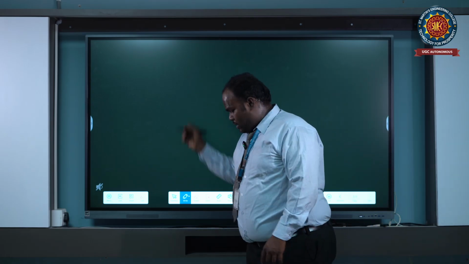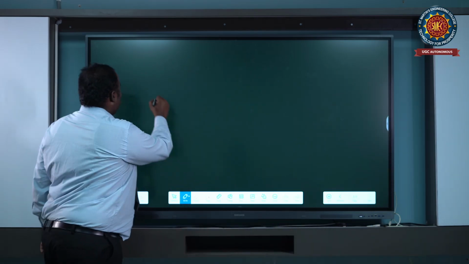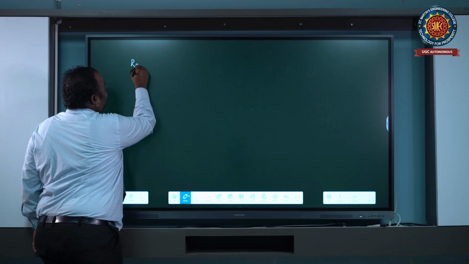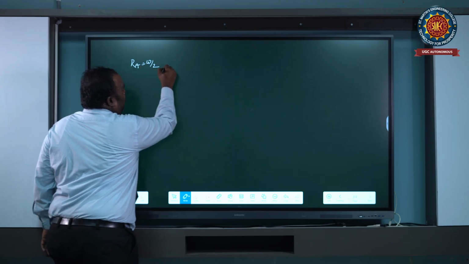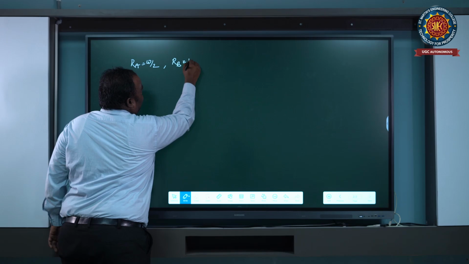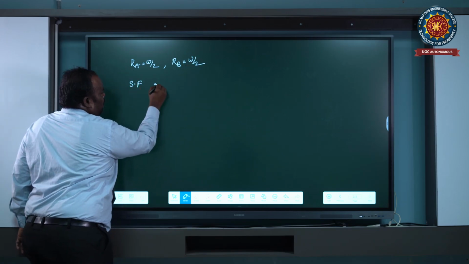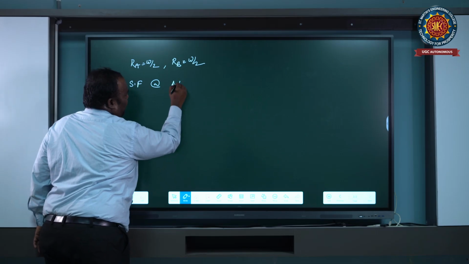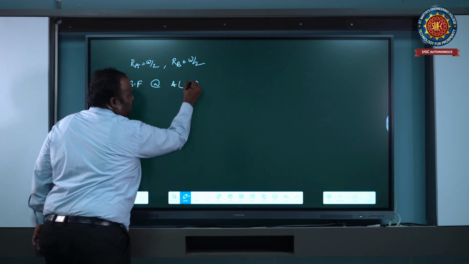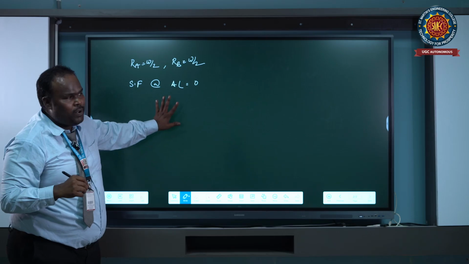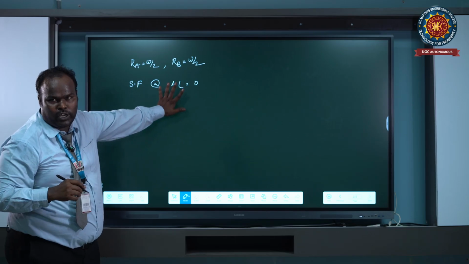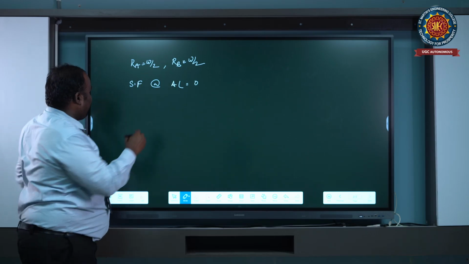Now finding the shear force. So RA equal to W by 2, RB equal to W by 2. Shear force at point A left side is 0 because it is only simply supported, it is not overhanging.